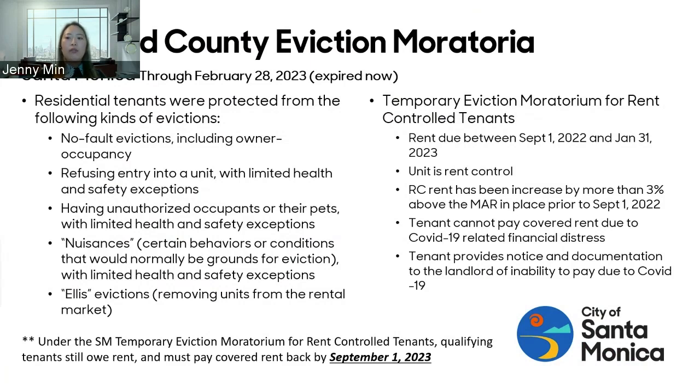Another eviction moratorium was the temporary eviction moratorium for rent-controlled tenants. In order for this eviction moratorium to apply, all 5 conditions must have been met. This was specific to rent due from September 1st, 2022 to January 31st, 2023. The unit had to be rent controlled, and the rent had to be increased by more than 3% above the MAR in place prior to September 1st, 2022.